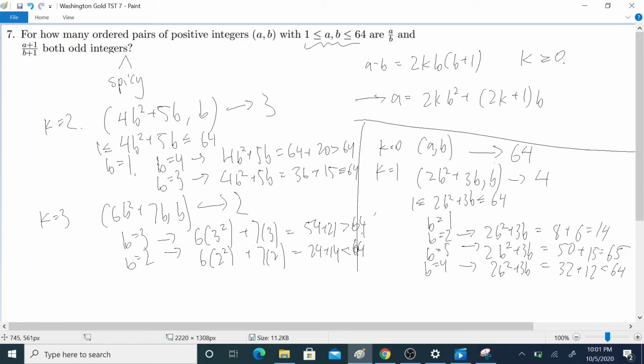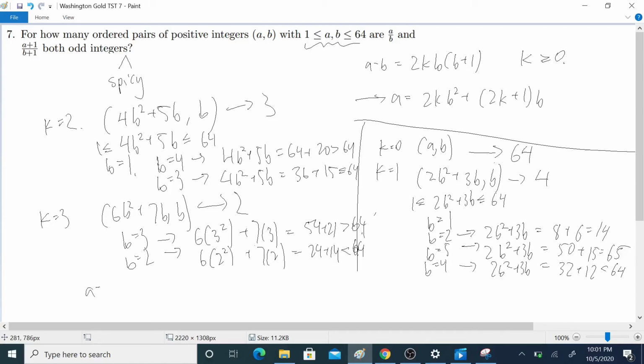Now, we could keep on doing k equals 4 and k equals 5, but at this point we realize that there are probably going to be a lot of values where b equals 1 and 2 work. So what's the largest value of k where b equals 2 works?